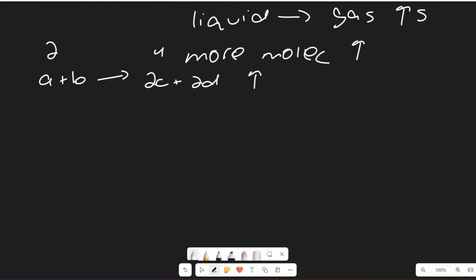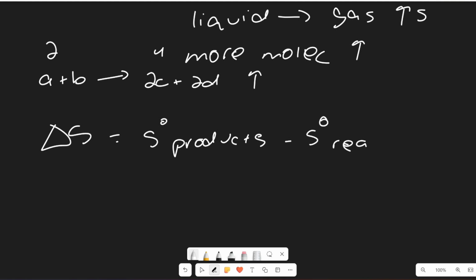And so going back to delta S, this is the standard entropy. We would denote this by saying entropy with this little knot here of the products minus the standard entropy of the reactants.